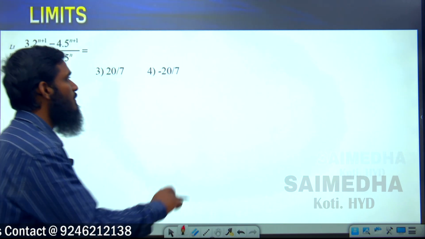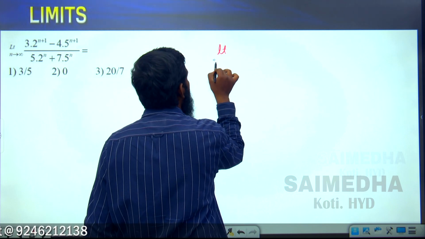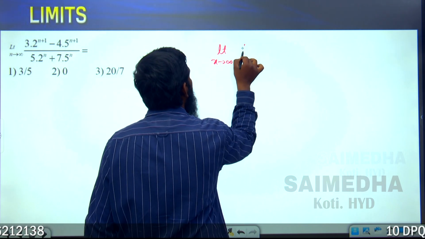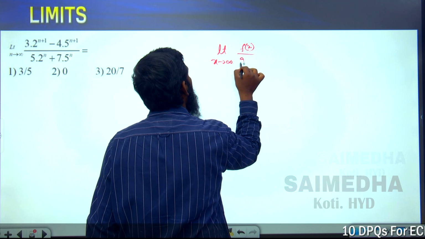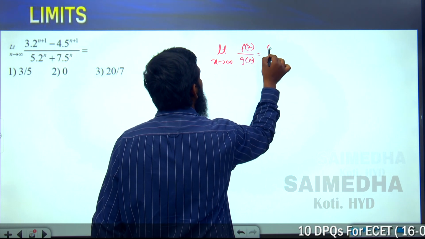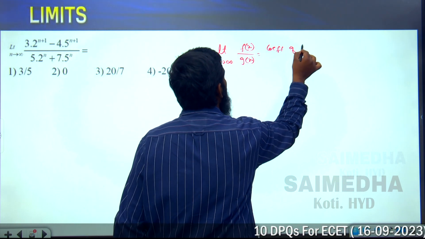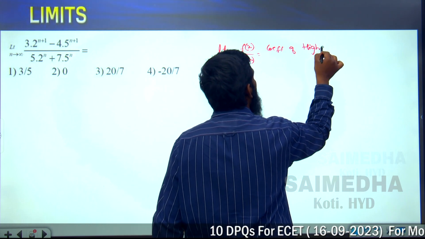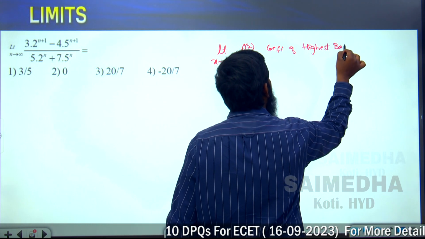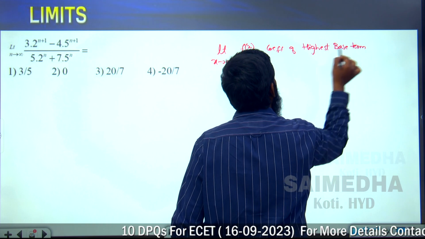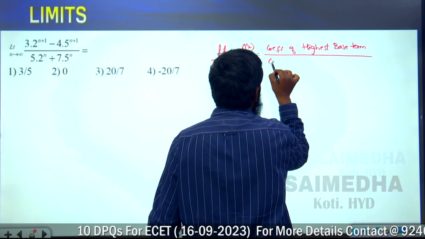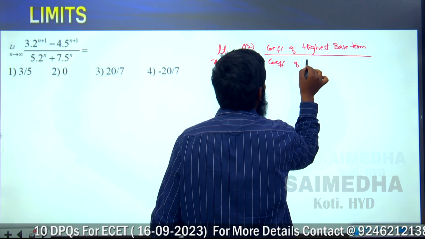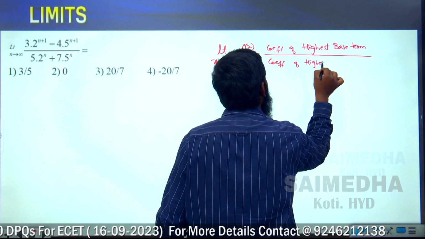Similarly, over here also we will be having the same formula only. Limit x tends to infinity, f of x divided by g of x equals coefficient of highest degree term divided by coefficient of highest degree term.